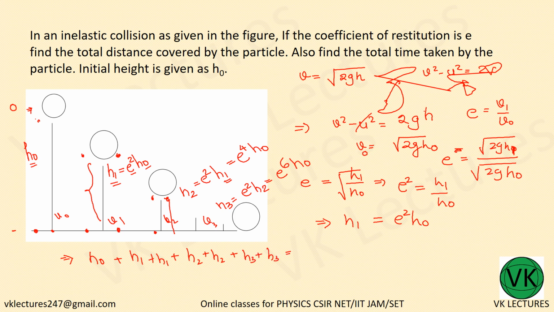That is equal to h naught plus 2h1 plus 2h2 etc. Can you explain how you write this h naught plus h1 plus h1 plus h2 plus h2? I didn't get that.